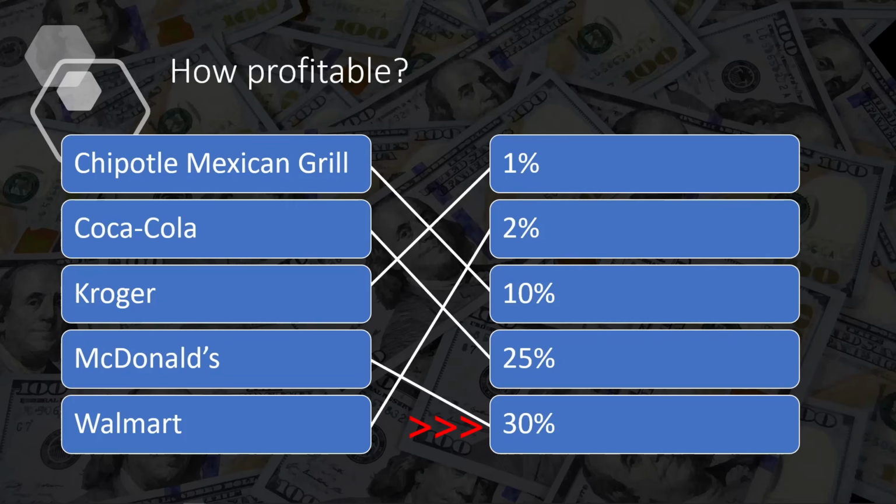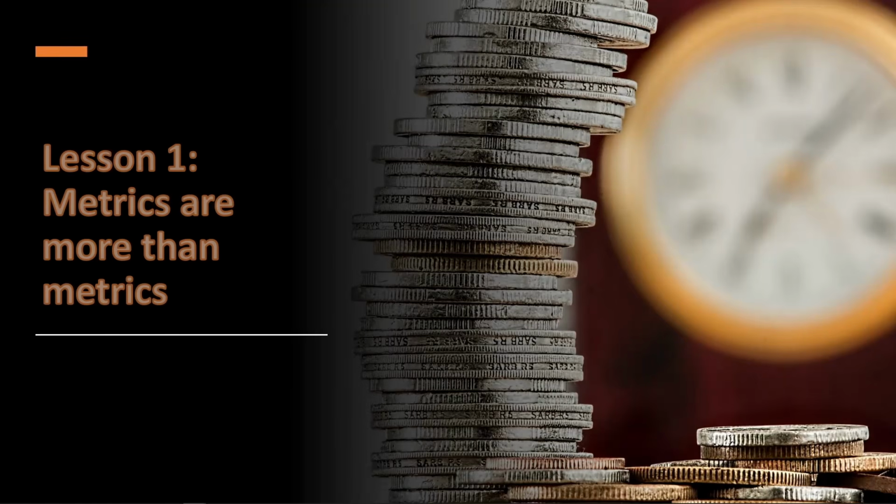So to understand McDonald's high profit margin, you have to know the business context where McDonald's is running a franchise business. Its money spent is mostly on maintaining the brand, running advertising, instead of on operating the restaurants like Chipotle Mexican Grill would do. So with this story comes lesson 1.